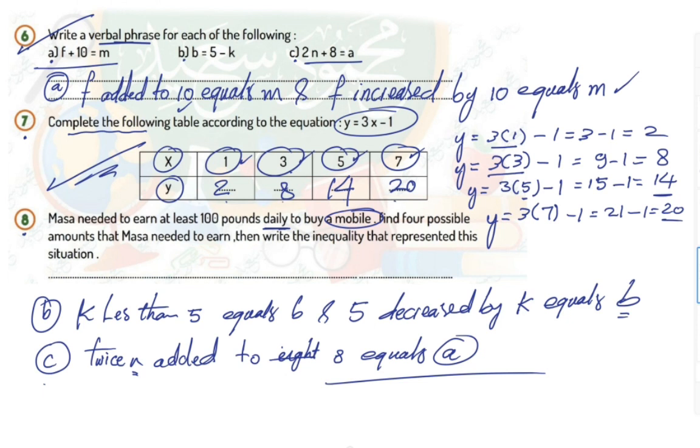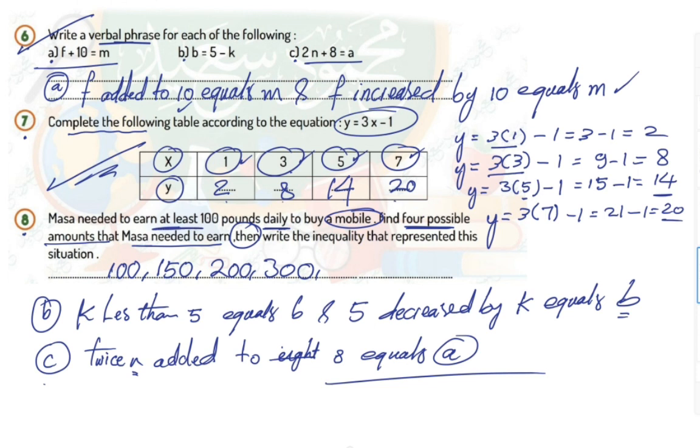So find 4 possible values or possible amounts that Massa needs to earn. Okay, then this is another question. So the first part, what is the value she can earn every day? She can earn at least 100 or more, so maybe 150 pounds, or maybe 200, maybe 300, or any number, but it must start with 100 and be greater than 100. Okay, because he said at least.